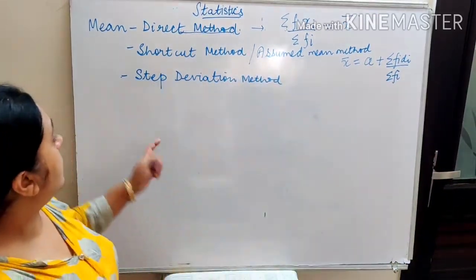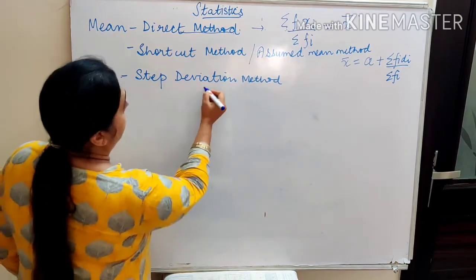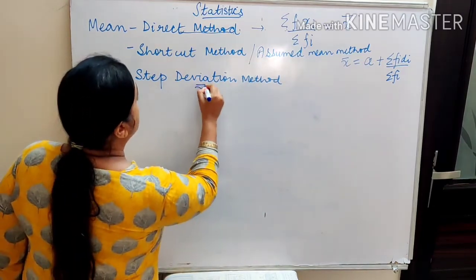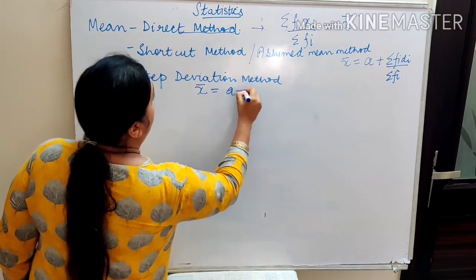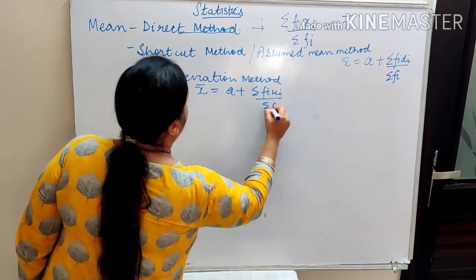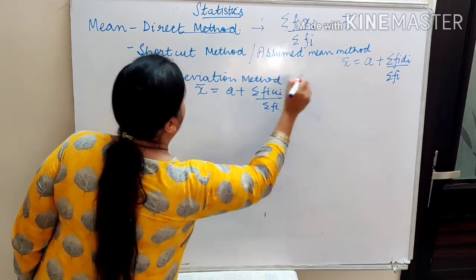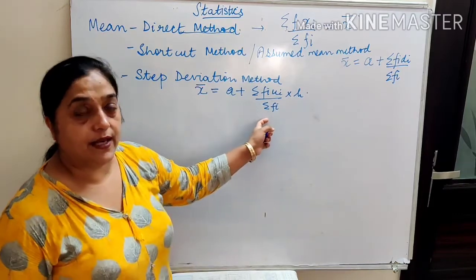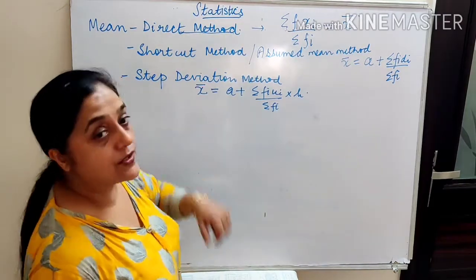Right? And the third method which I told you yesterday was the step deviation method, and in this x mean is equal to A plus summation fi ui upon summation fi into h, also known as the u method.